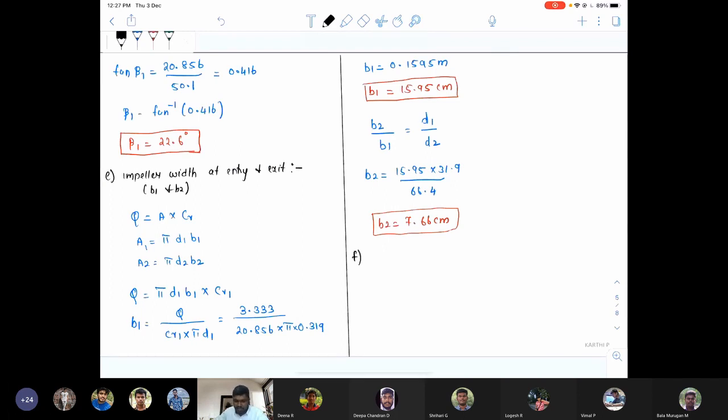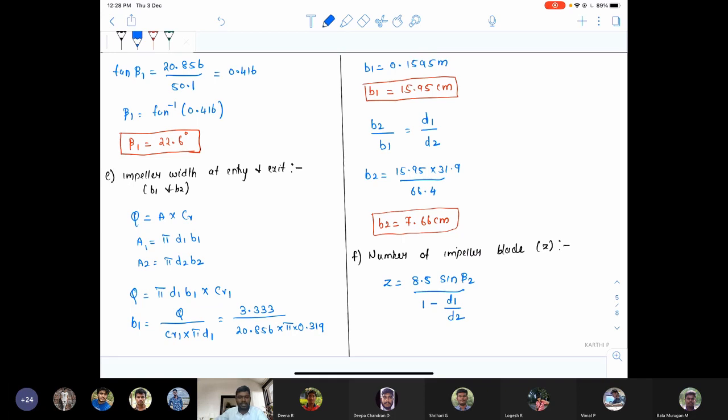And subdivision F is the number of impeller blades, which is given as Z. And the equation to find the value of Z is equal to 8.5 sine beta 2 divided by 1 minus D1 divided by D2.